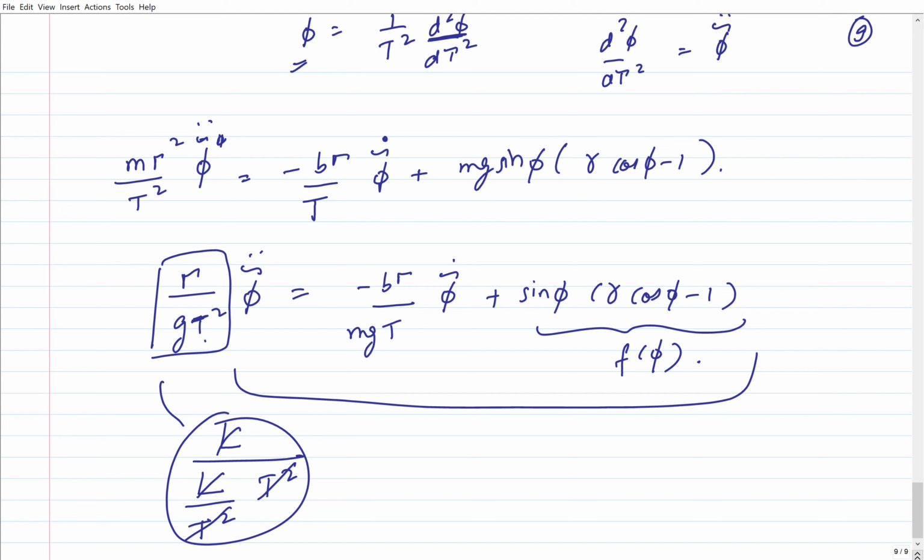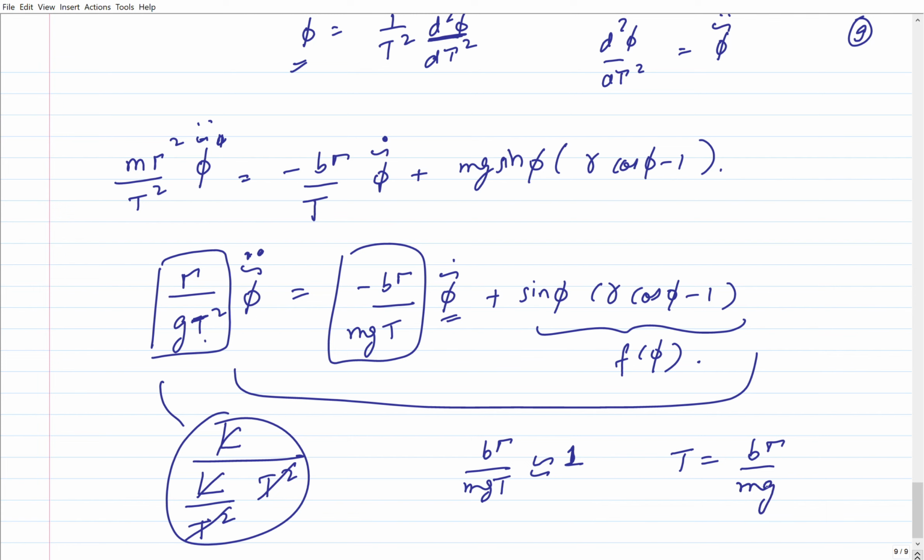basically numbers. And now I can ask, when can I neglect something or the term involving the second derivative? Well, let's say this is order 1. So that means b r over m g T is 1, which means T, my characteristic time scale, comes out to be b r over m g.